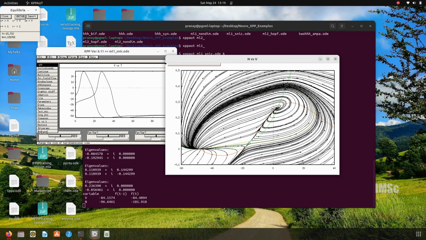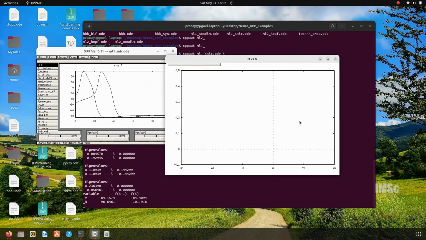Now I am going to ask where an oscillation comes from in this, and then we will show you the bifurcation. If I want to get an oscillation, what do you think I should do? I think I am going to inject some current.